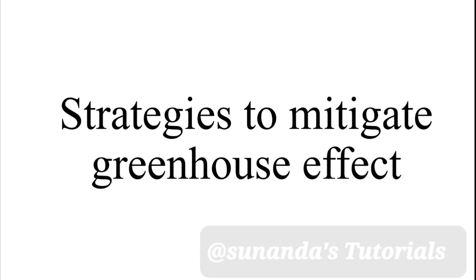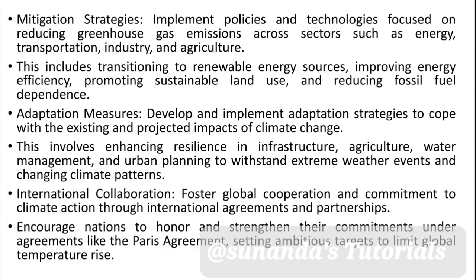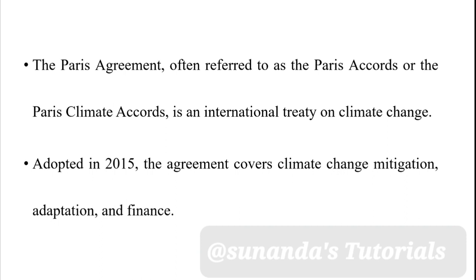Then strategies to mitigate the greenhouse effect. So first of all, by implementing policies, new technologies, then transitioning to renewable energy sources, improving energy efficiency, promoting sustainable land use so that our future generations can also get the benefit from it.